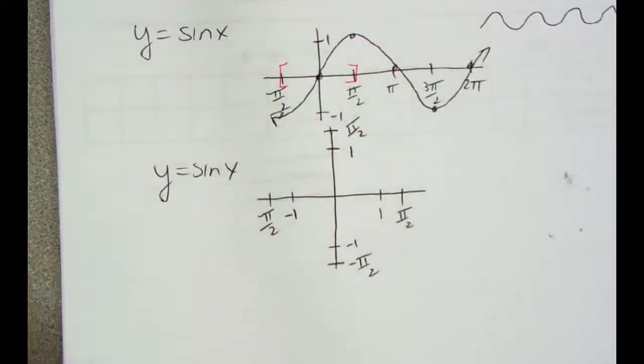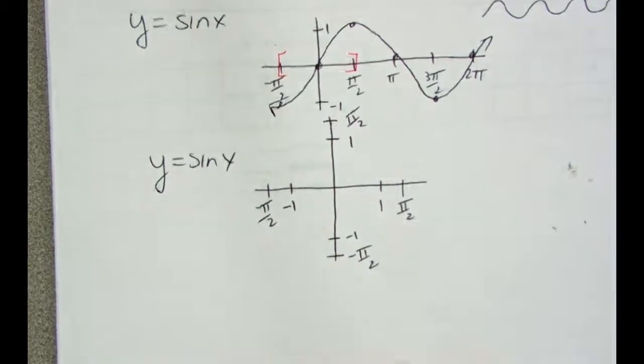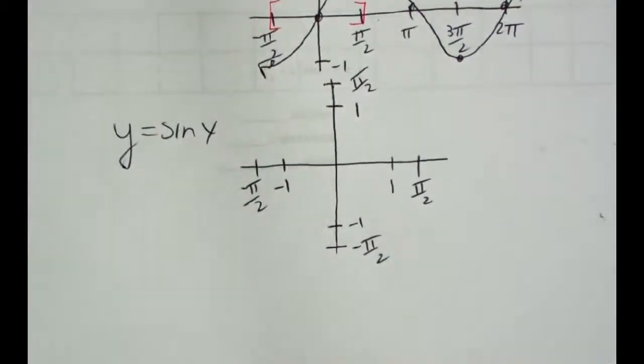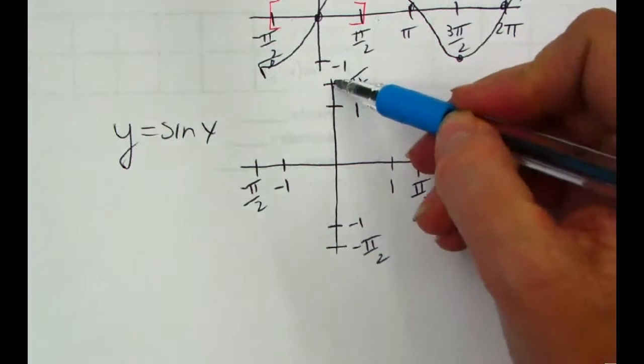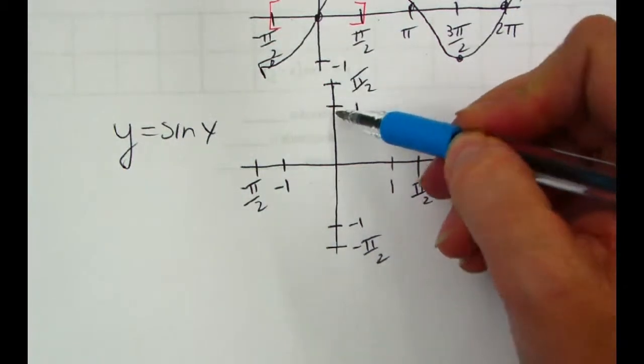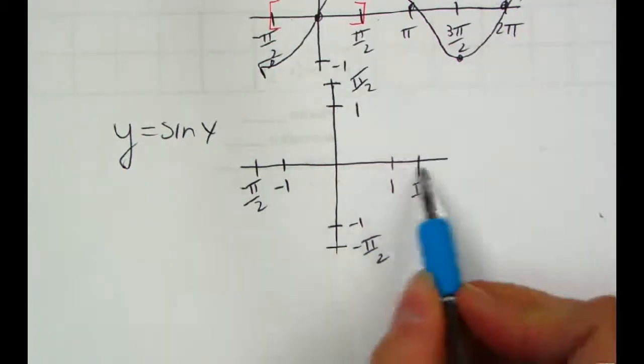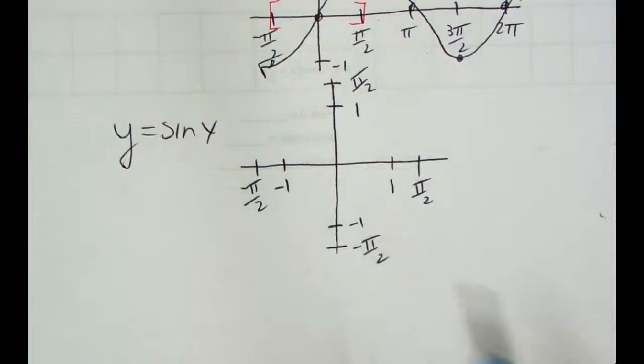Pi over 2 is approximately what decimal? 1.57. So if this is 1.57, then this could be 1. 1 has to be less than that, correct? And I put that on my graph because I'm going to put my restricted sine and then the inverse of my restricted sine.